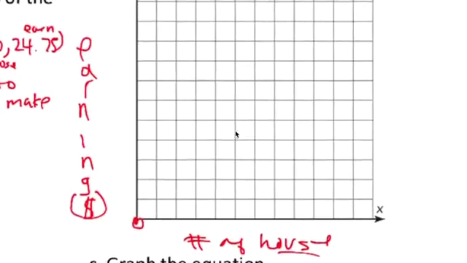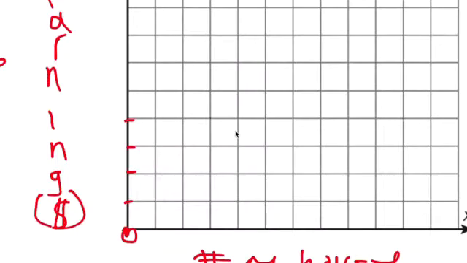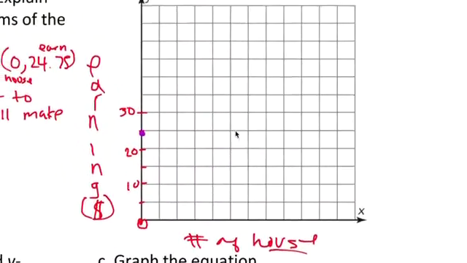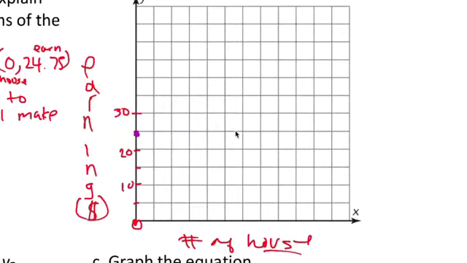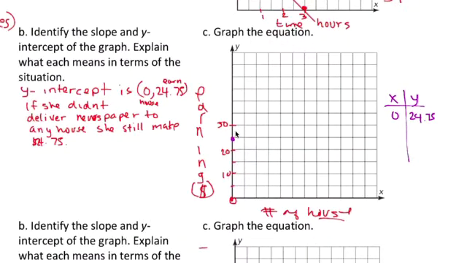Okay, so we're going to go by 5, 10, 15, 20, 25, 30. So 24.75 is very close to 25. Okay, right there. And let's choose another point. So our x and y: 0 is 24.75. Let's say she delivers to how many homes?